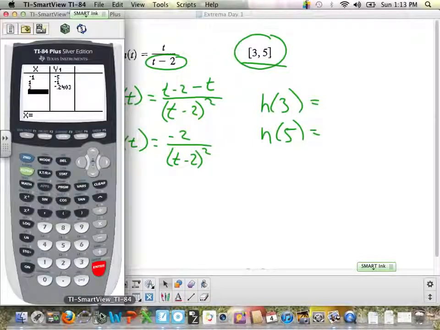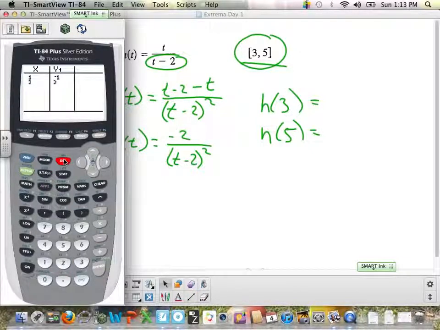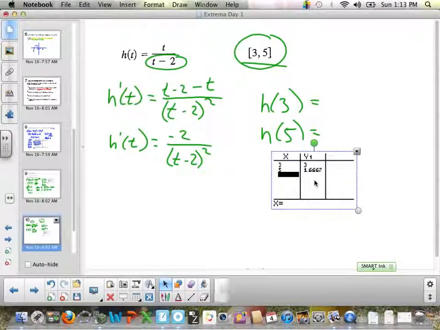And if we do this real quickly, t over t minus 2. Go to our table, and we just need to check 3 and 5. We can see the maximum is 3 at 3, and the minimum is 1 2/3 at 5.